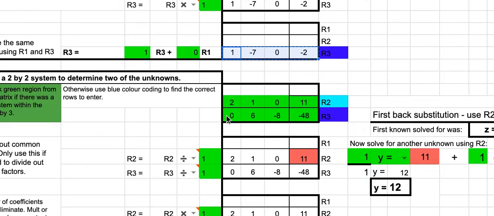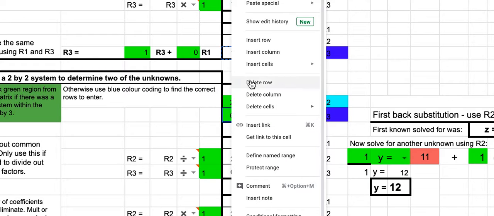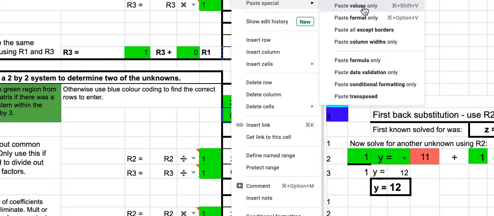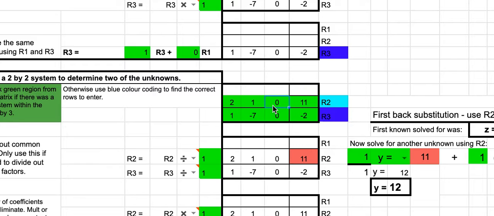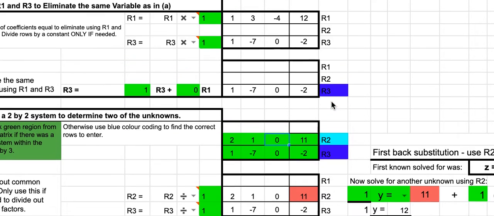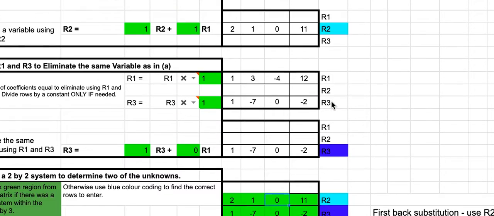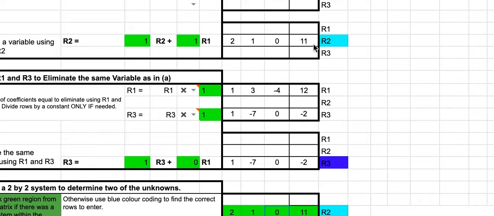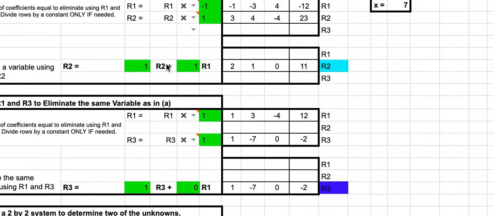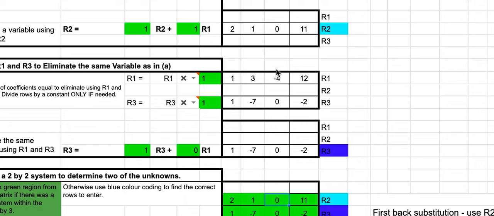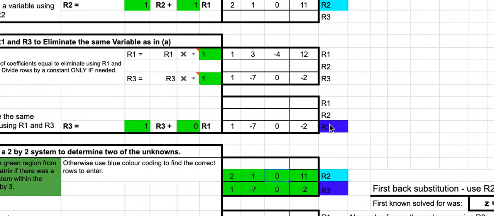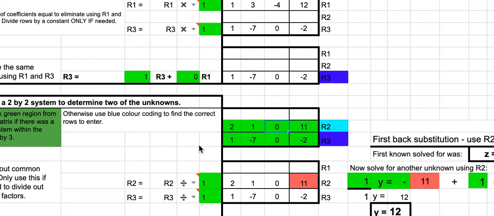Control C, right-click your mouse, Paste Special, Values Only. And then I just double check. And notice it's color-coded for you. So your row 2 that you should be using is this one, right? And for row 3 you want to use this one, but make sure sometimes you need to have a 0 there, right?